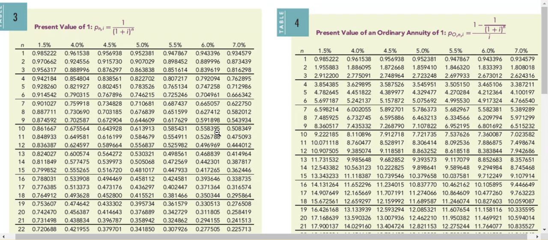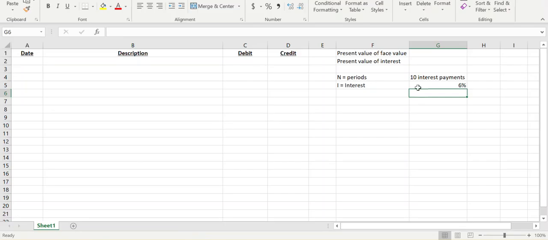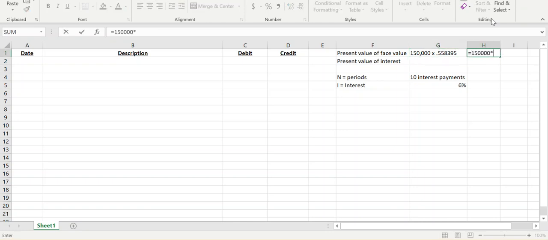We're going to multiply the face value, that 150,000, by 0.558395. So the present value of our $150,000 is really $83,759.25. Basically, what is $150,000 5 years from now worth today?